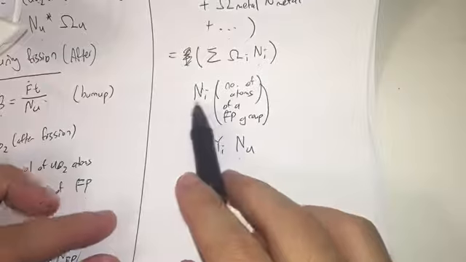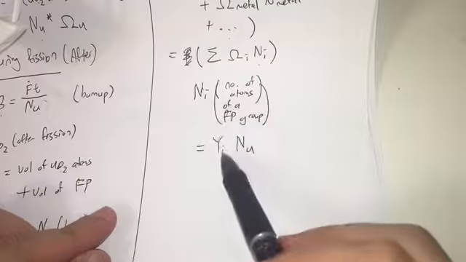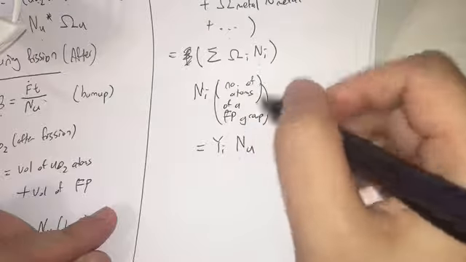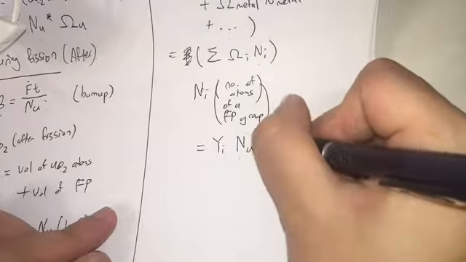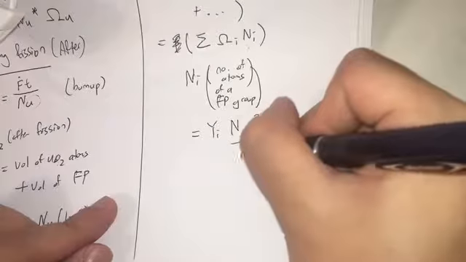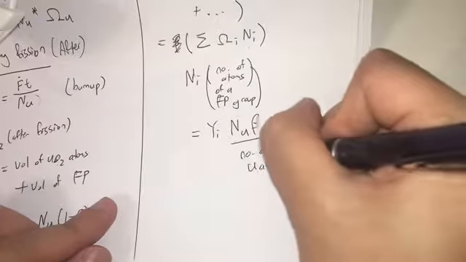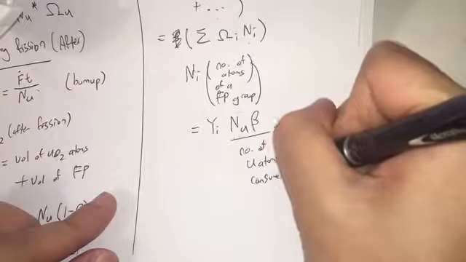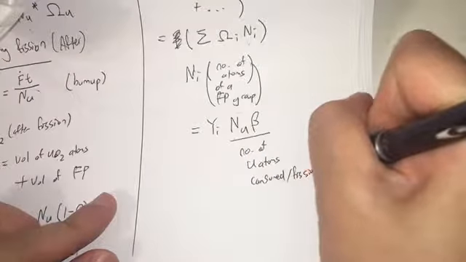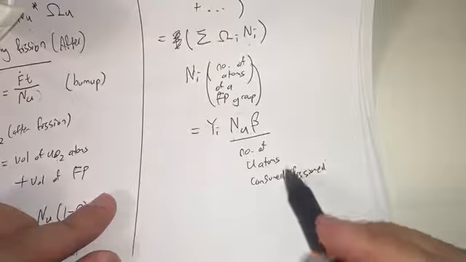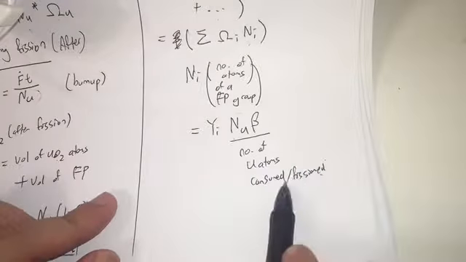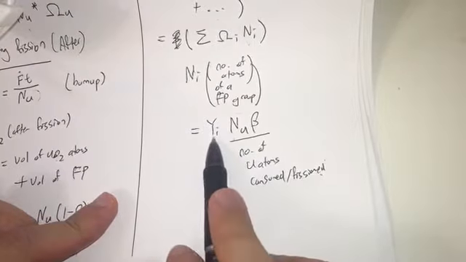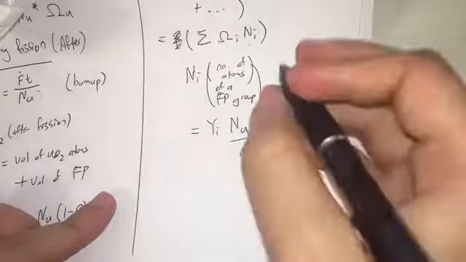So if we want to talk about this Ni, this can be substituted by the yield multiplied by the number of uranium atoms that are being consumed or fissioned. So this is the number of uranium atoms being consumed or fissioned, and multiply that into the yield here, and that will give you Ni.